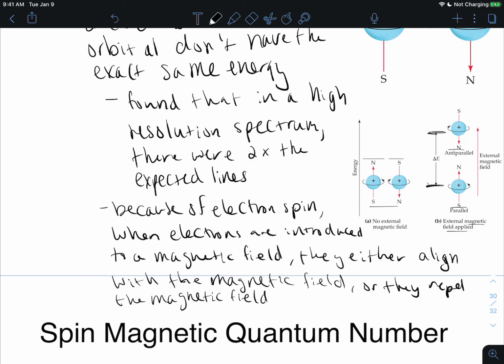So Dutch physicists George Uhlenbeck and Samuel Goudsmit determined the electrons have an intrinsic property known as the electron spin.